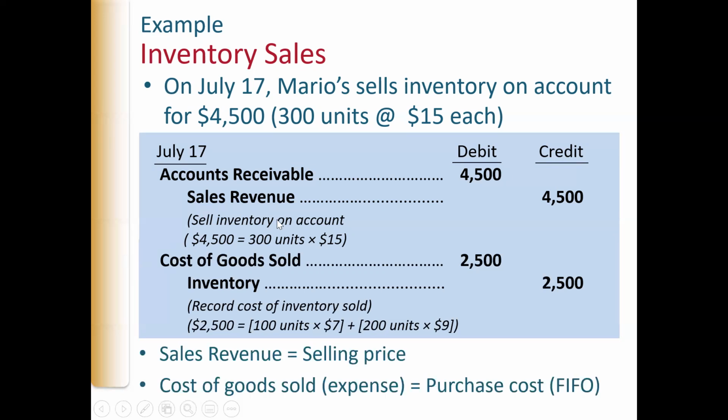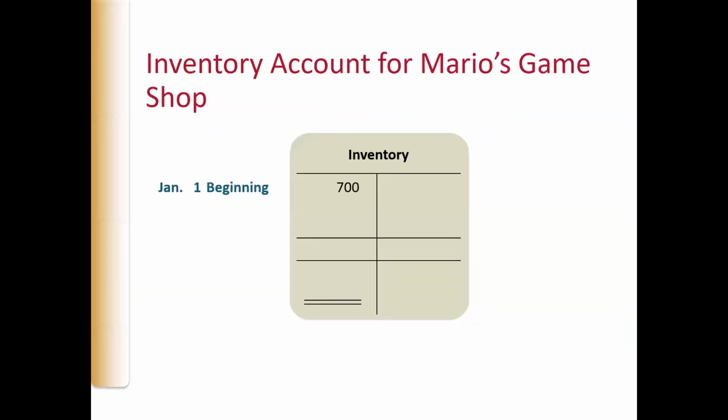So sales revenue basically equals the selling price, and the cost of goods sold is the expense. The selling price is what we're selling the products for. The cost of goods sold is what it cost us to purchase or make those goods. Now, in this inventory, we see Mario began with $700.